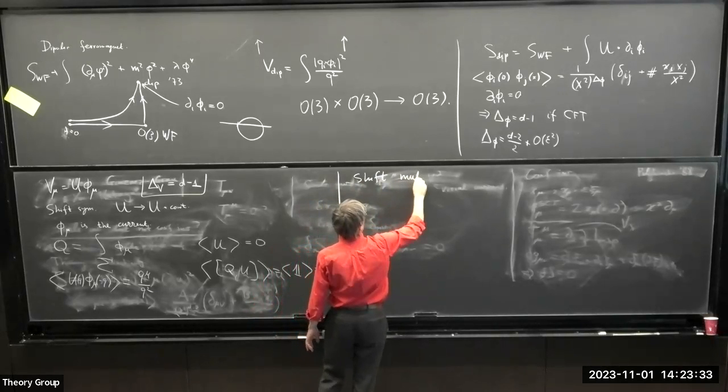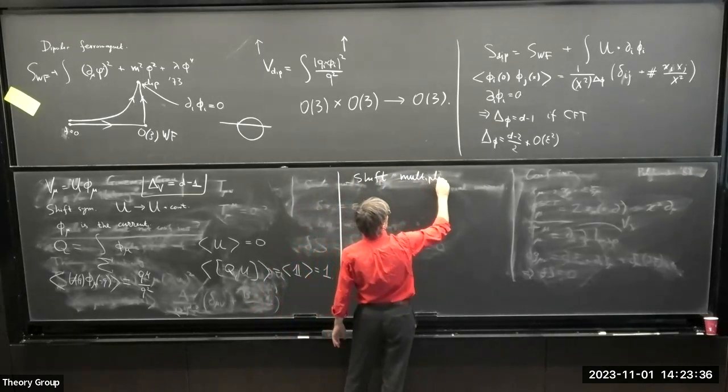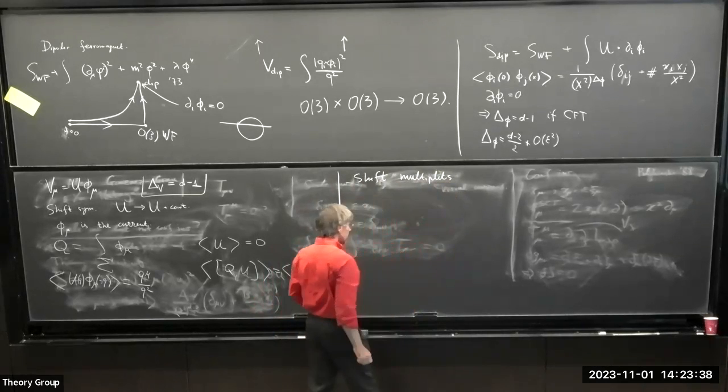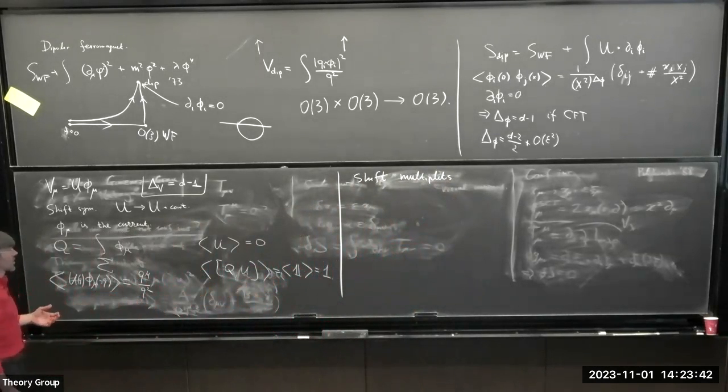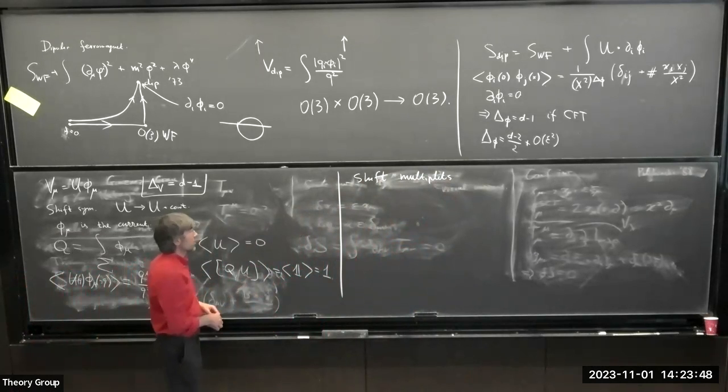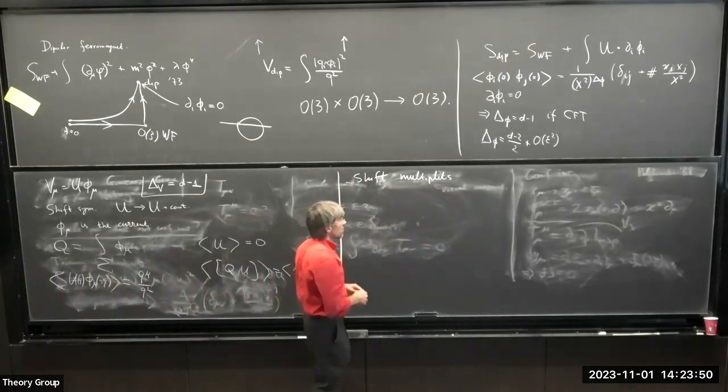So in conformal field theories, we have this very important notion of conformal multiplets. Turns out that in this particular scale-without-conformal theory, there are no conformal multiplets, of course, but there are these interesting shift multiplets. So what are these shift multiplets?